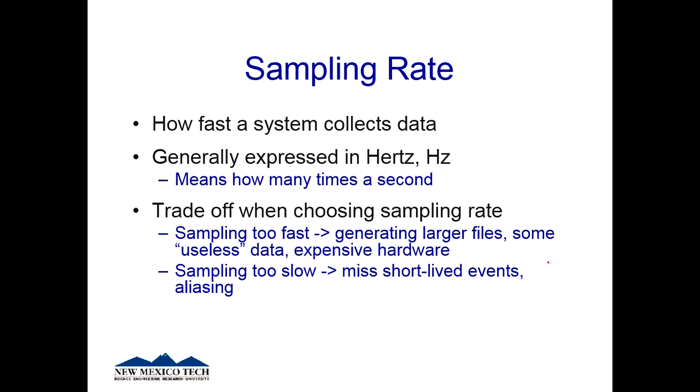If you sampled every 10 minutes, and took a data point every 10 minutes, that would probably be plenty to express how the moisture changes in the soil. You would not want to sample at 1 megahertz, taking 1 million samples a second, because it would just be a bunch of extra data that you have to go through. And like I say, more expensive hardware and all that.